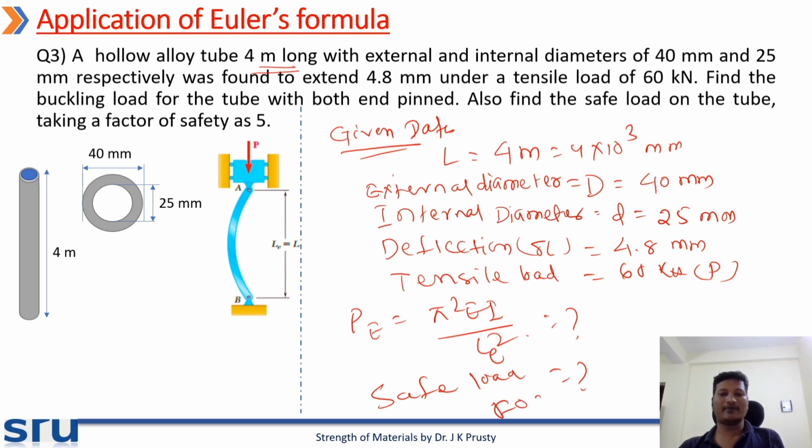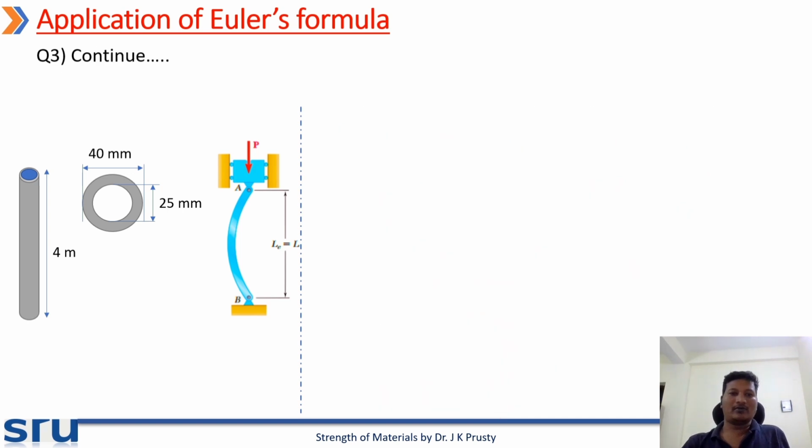Factor of safety is given 5. So the first step is to find out E. You know the formula pi square EI by L_e square.